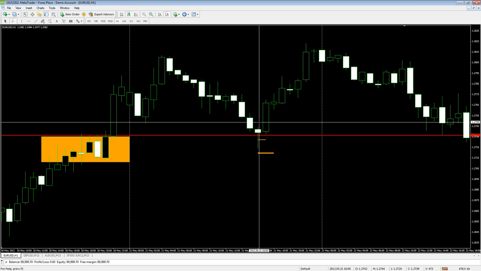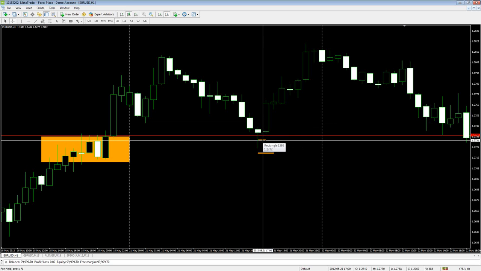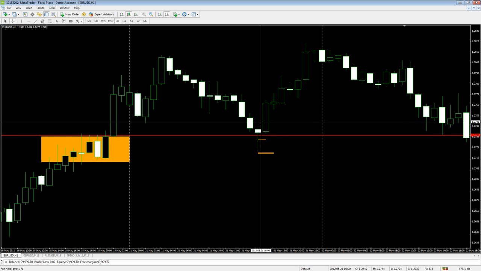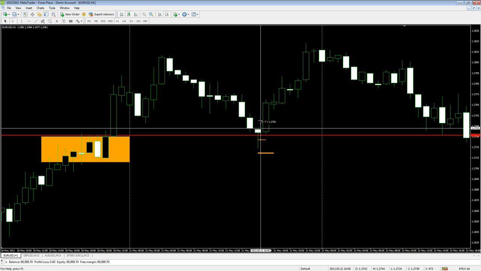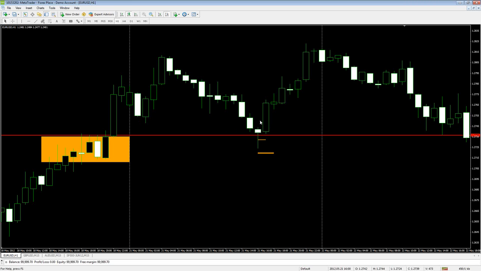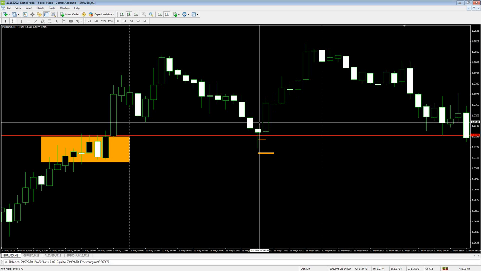Not a buy limit under the close, but a buy stop a few pips above the high of the candle, about 5 or 6. Again, you have to take into account the spread itself. I will set a buy stop a few pips above the high of this reversal candle, and I say, okay, if it starts going up, it'll probably continue going up a little bit more.